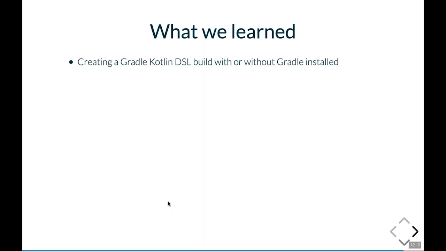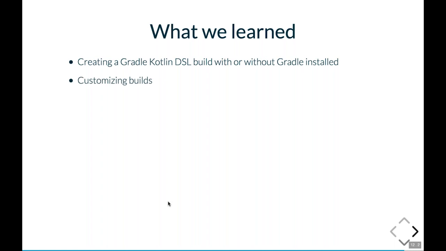So again, what did we learn? We saw how to create a Gradle build using the Gradle Kotlin DSL with or without having Gradle installed. We saw also how to customize this build with the Kotlin DSL, configuring extensions and tasks that are configured by the plugins you apply.